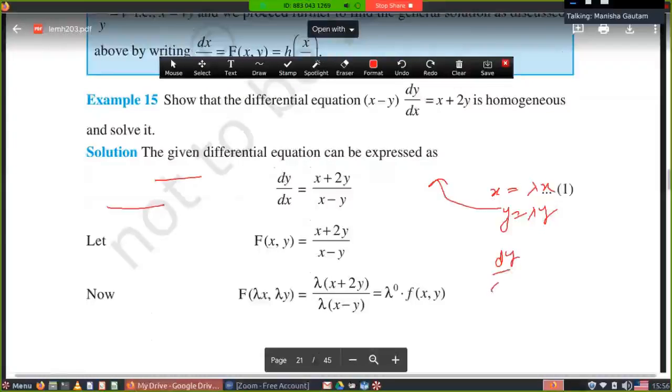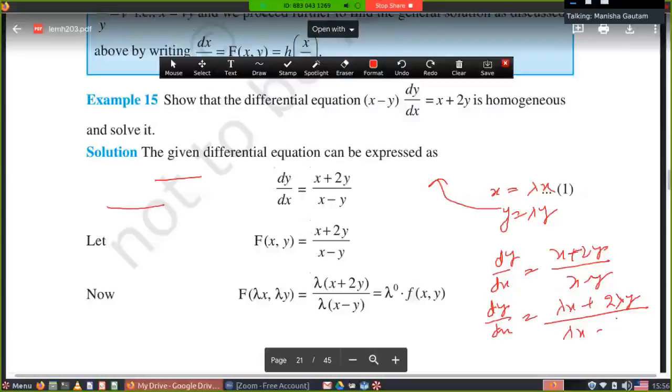Let's see, dy upon dx is equal to (x plus 2y) upon (x minus y). When you put lambda x and lambda y, that is lambda x plus 2 times lambda y, and this is lambda x minus lambda y. You can take lambda common from the numerator and lambda from the denominator.